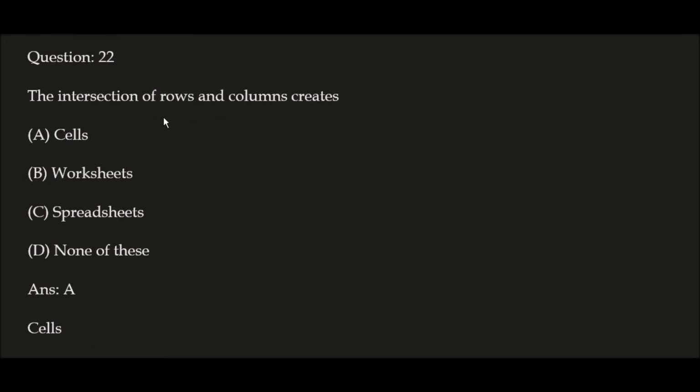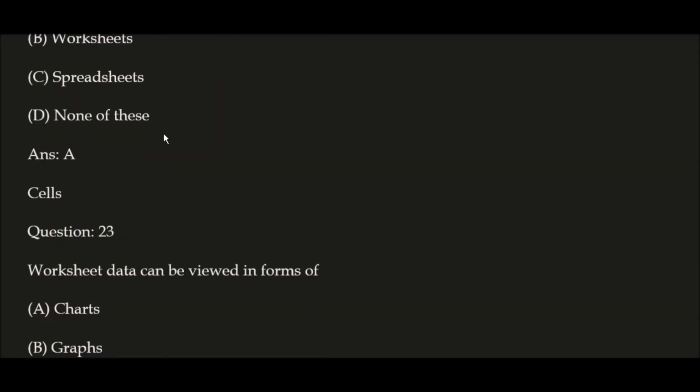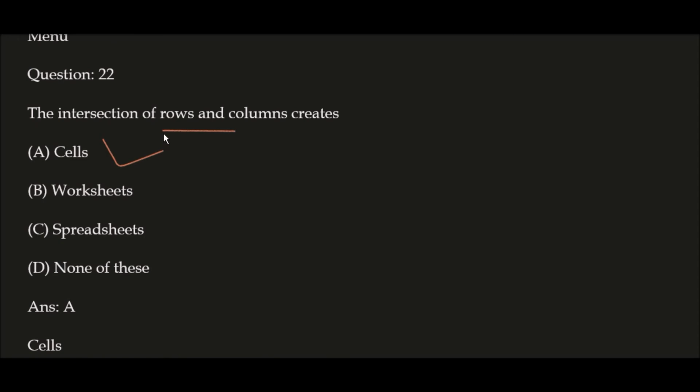Next question. The intersection of rows and columns creates option A cells, option B worksheets, option C spreadsheets, option D none of these. Correct answer is option A cells. The intersection of rows and columns create cells. Okay. Because a cell contains rows and columns.